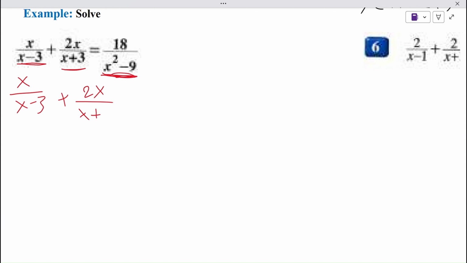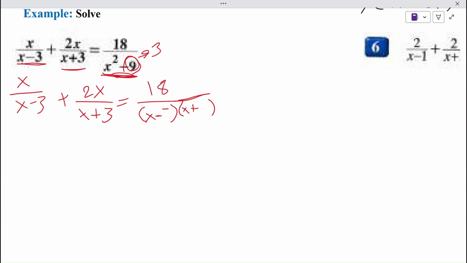Because we have x squared minus 9 and the square root of 9, we have to open two brackets, one of them negative, one of them positive. And the square root of 9 is 3, 3 for both of the brackets.